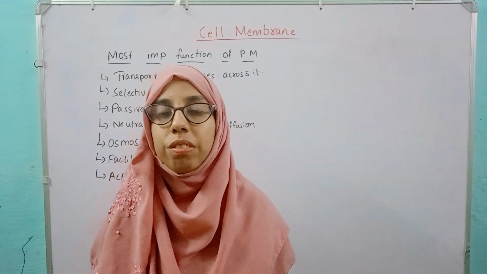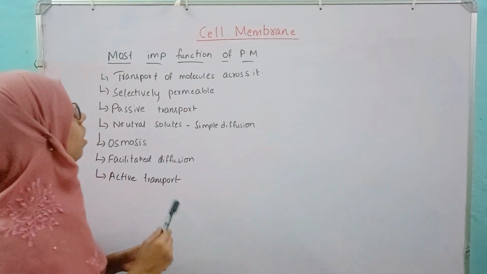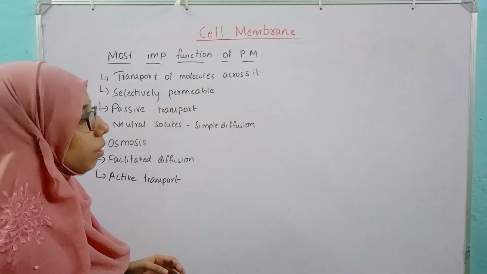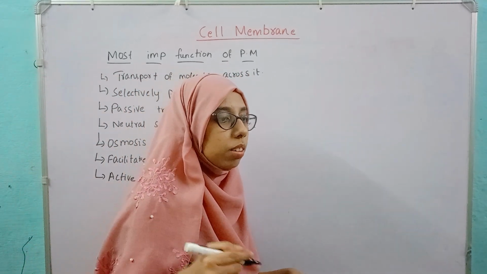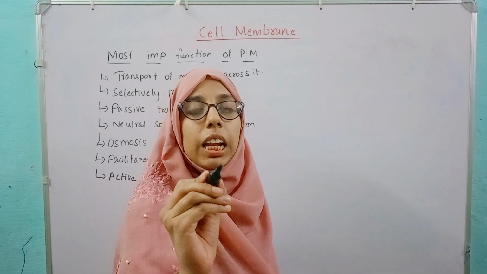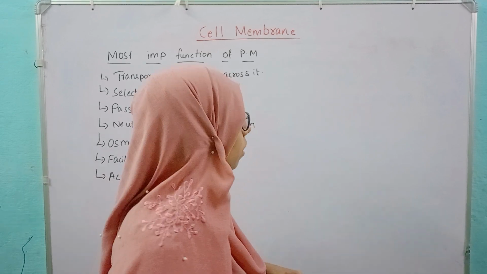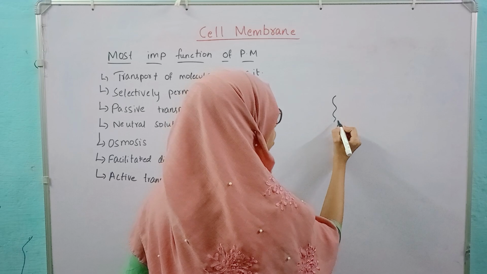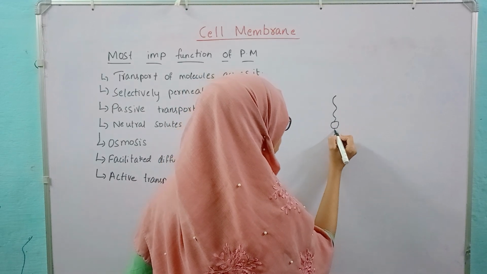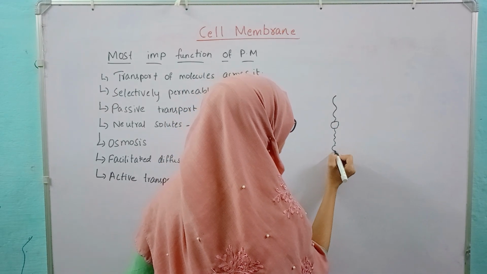Another most important function of the plasma membrane is transport of molecules across it. So based on this, the plasma membrane is also called a selectively permeable membrane. Why is it so? Let's understand. So the plasma membrane has pores also in it.